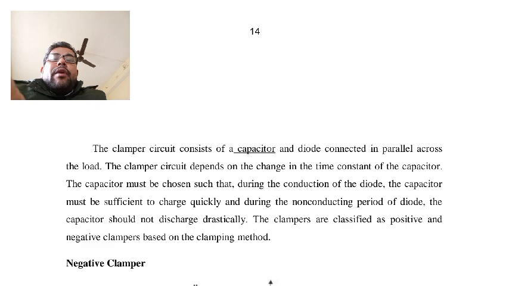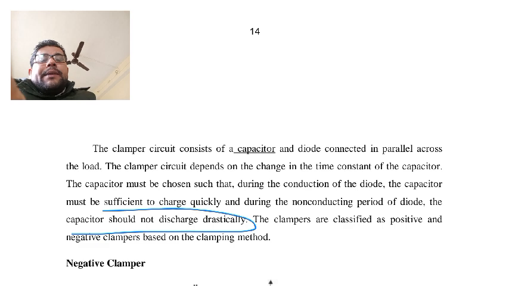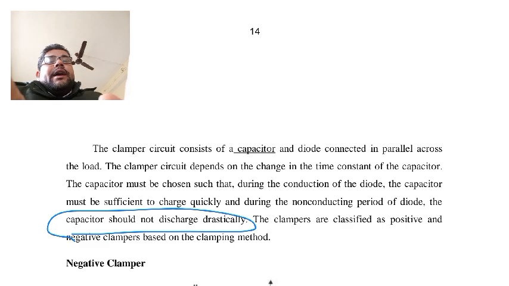Whenever the diode is forward biased, the charging time should be very small. During the non-conducting period of the diode, the capacitor should not discharge drastically. So charging and discharging must be at a moderate level.